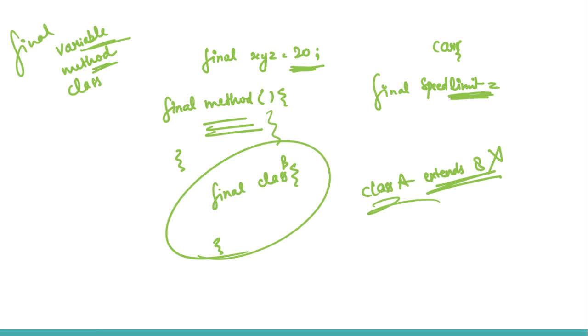Alright, and one more thing I would like to mention when I am talking about final here is, there are times when you will create a final variable and not initialize it. You can see a piece of code in your program where you have created a final variable which is not initialized, which is generally referred to as a blank final variable.